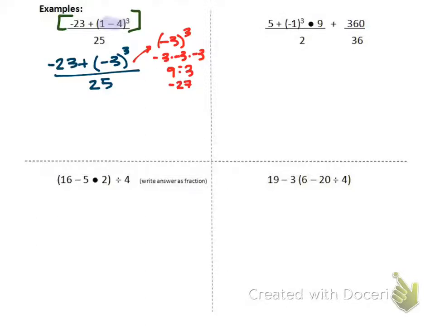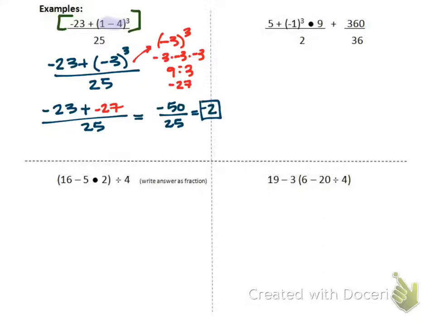So I can plug in negative 27 where I saw negative 3 to the power of 3 and get negative 23 plus negative 27 over 25. Now I can simplify my numerator. I still need to work on that numerator because it is part of that invisible grouping symbol. And I'm going to receive negative 50 divided by 25. That's going to give me an answer of negative 2.